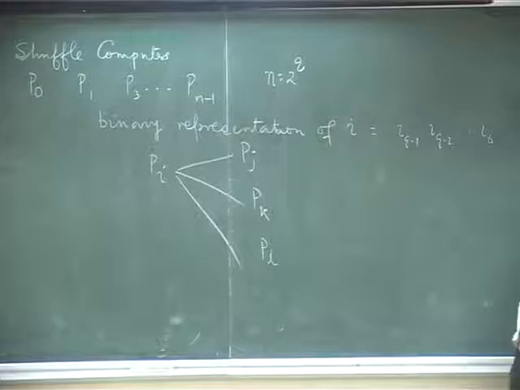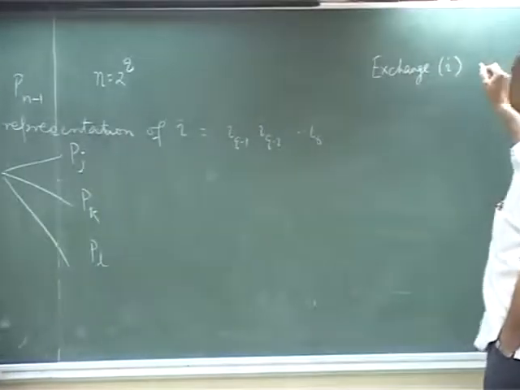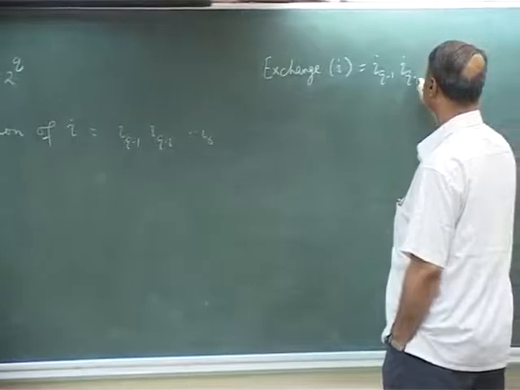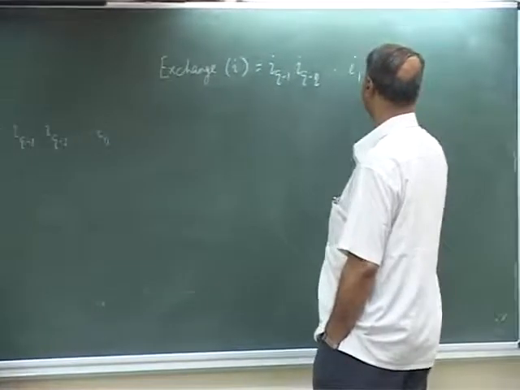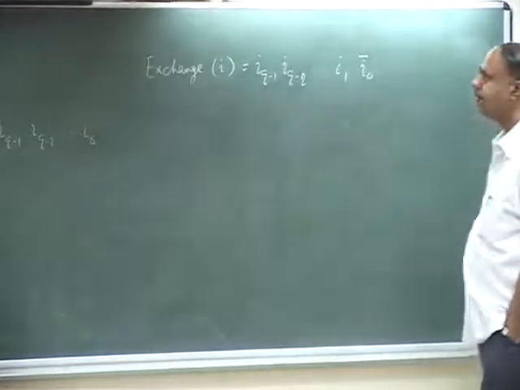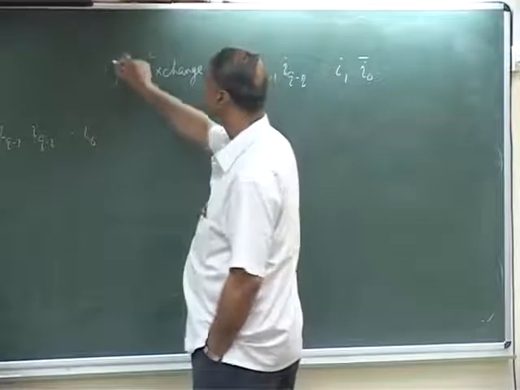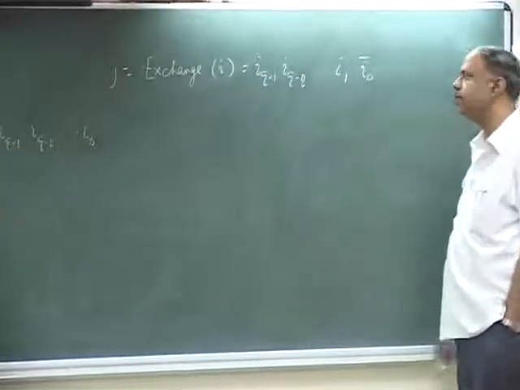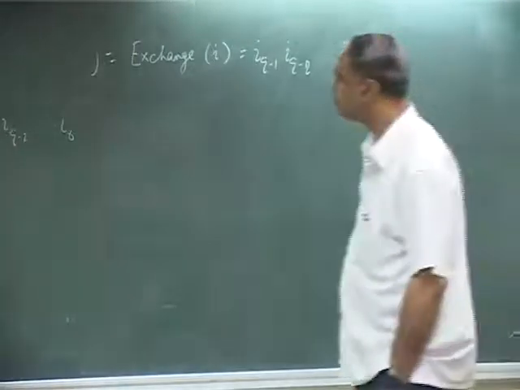So exchange of i is nothing but i_q-1, i_q-2, up to i_1, and the complement of i_0.